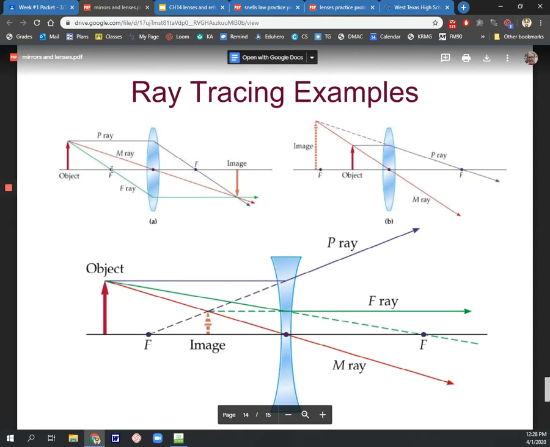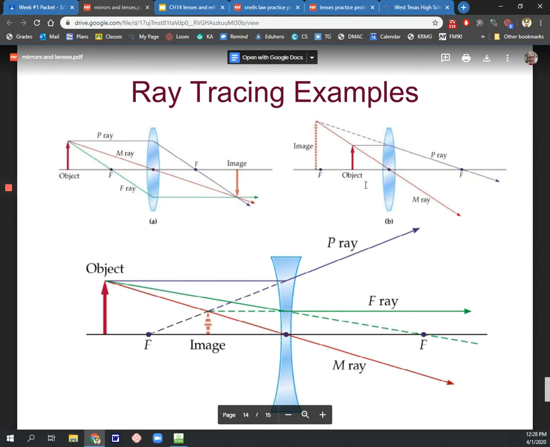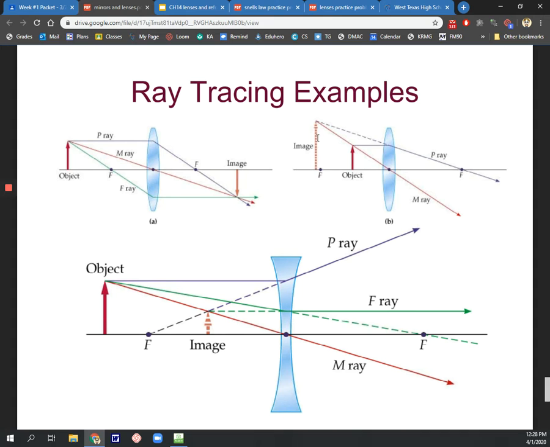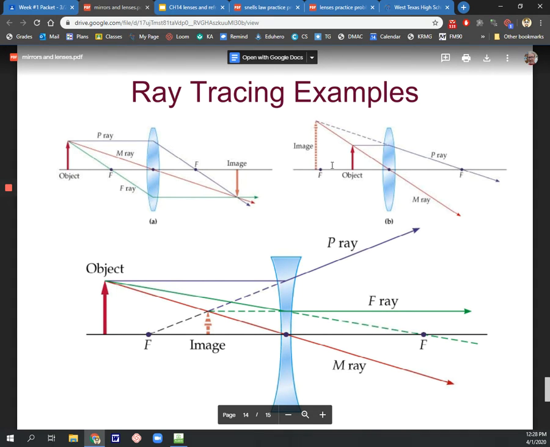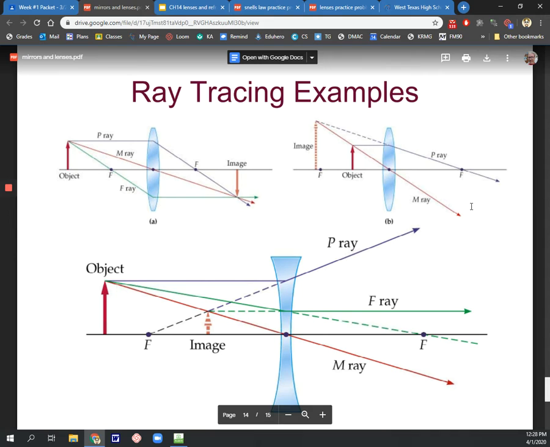If the object is between the focal point and the lens itself, though, then the image that forms is actually going to be on the same side as the object. It's going to be larger, and it's going to be virtual. It's not going to be on the opposite side of the lens, and it's not coming from light rays that are crossing back to a central point again.